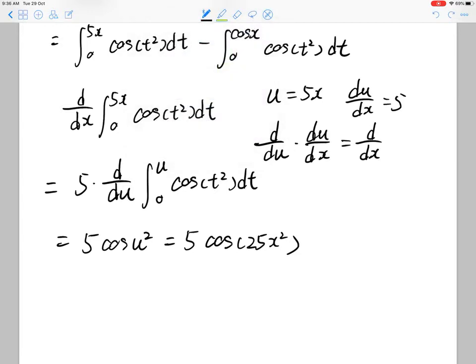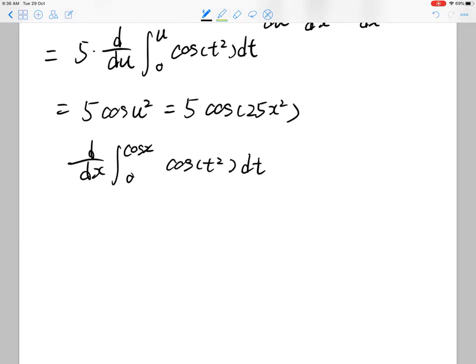It's d over dx from 0 to cosine x of cosine t squared dt. Again you let u equal cosine x, so du over dx is negative sine x.